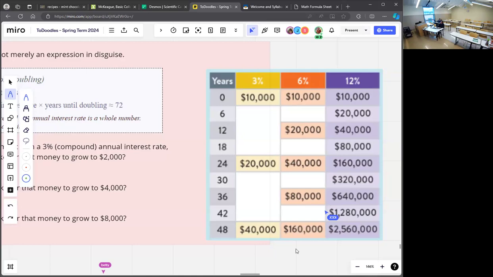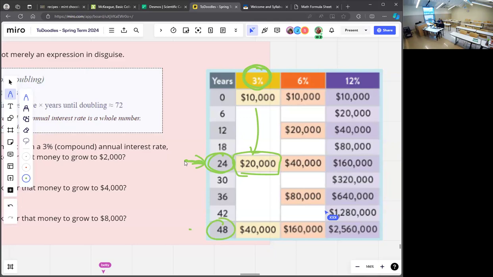Then the percent number multiplied by a number of years, when that is 72, 3 times 24 is 72, that's the number of years for the money to double. If I had put in 10,000, now I've doubled and I've gotten to 20,000.